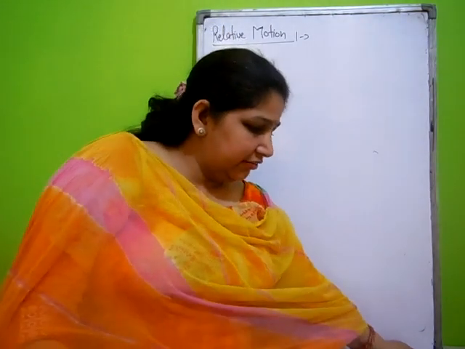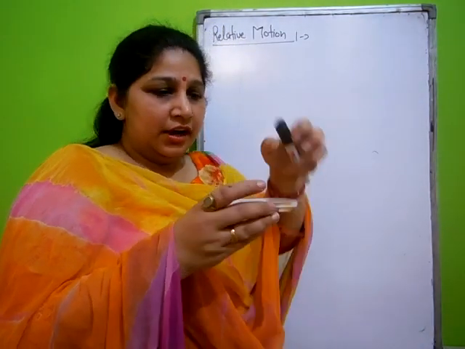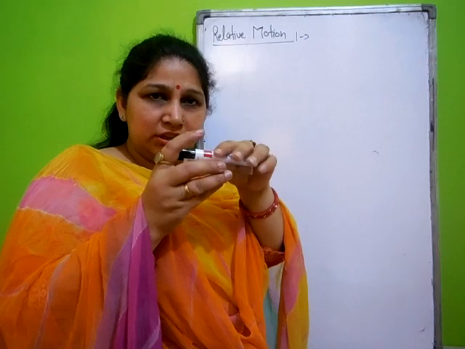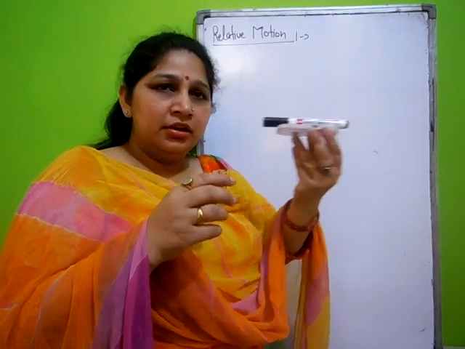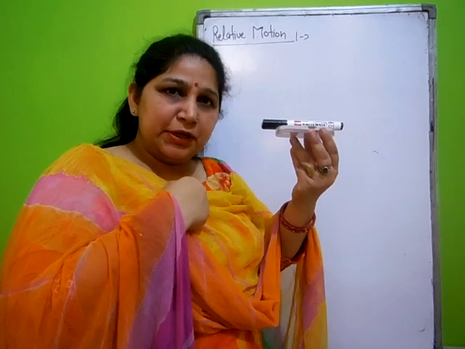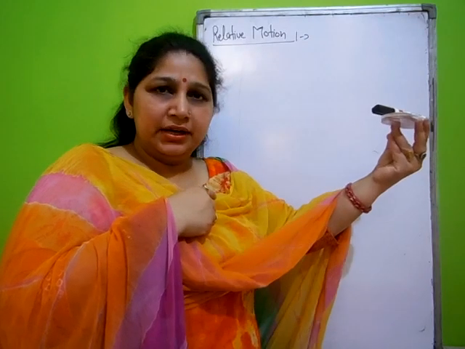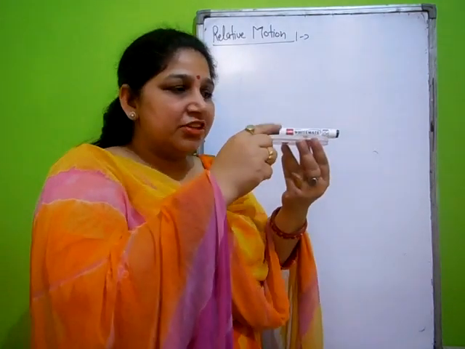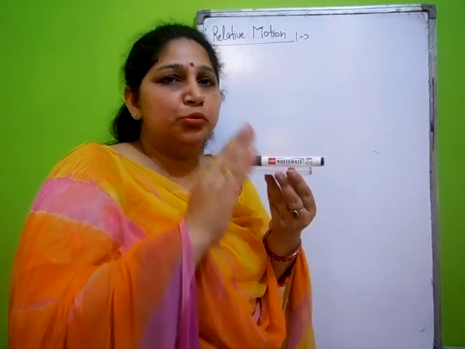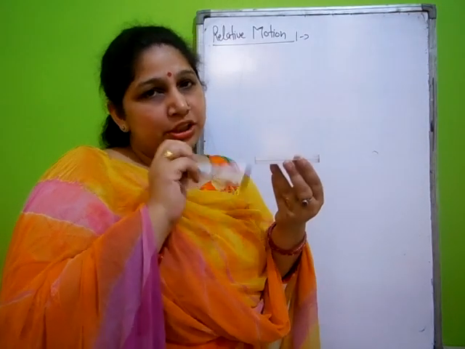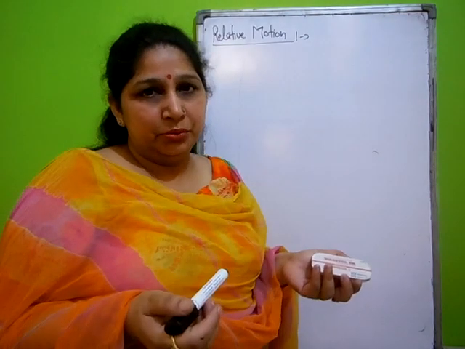Suppose we have an object and this pen is placed on this. If it is moving, then the pen is moving with respect to me, but it is at rest with respect to this object, meaning no change in position with respect to this object. This is called relative motion.